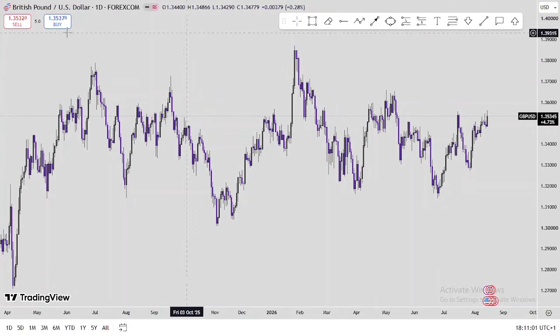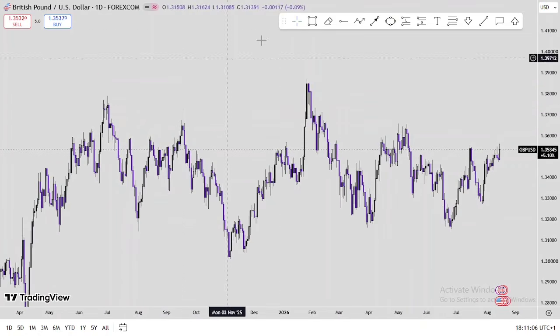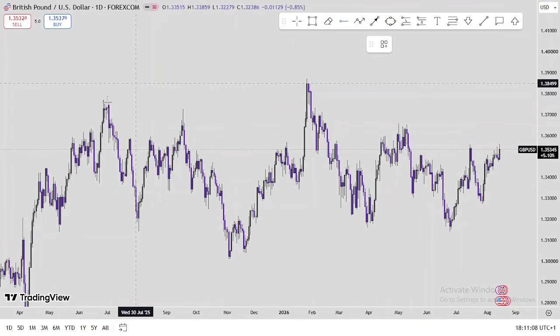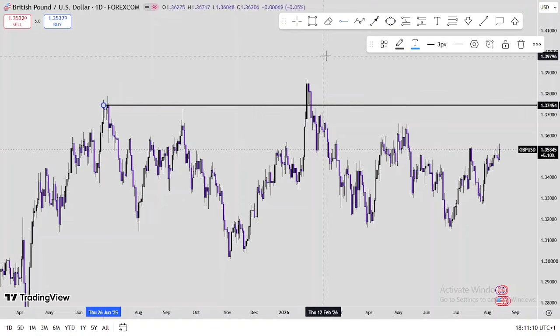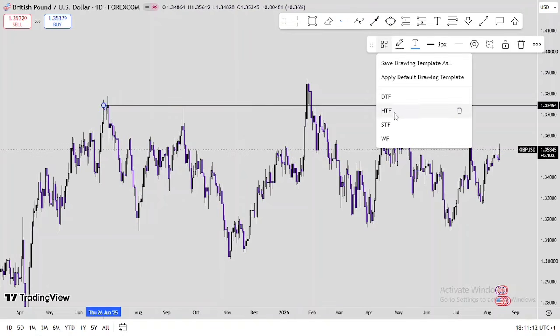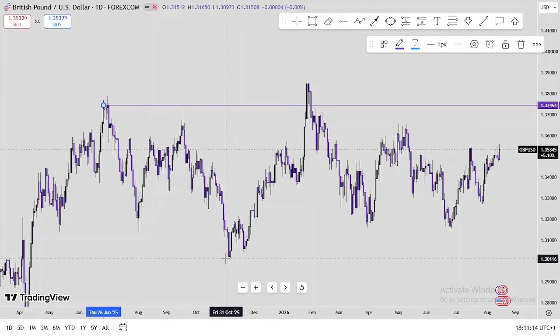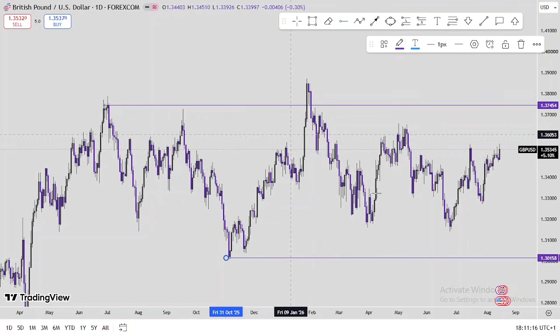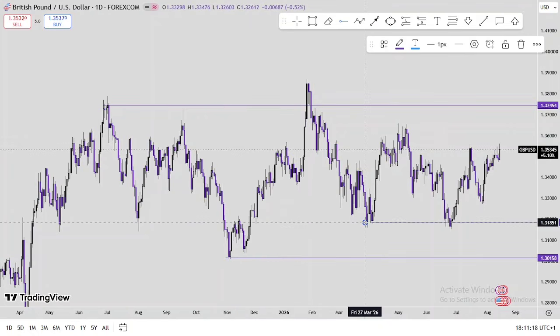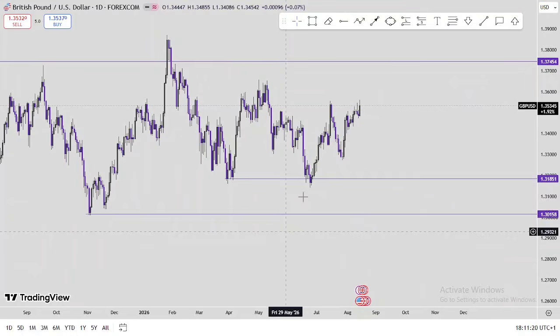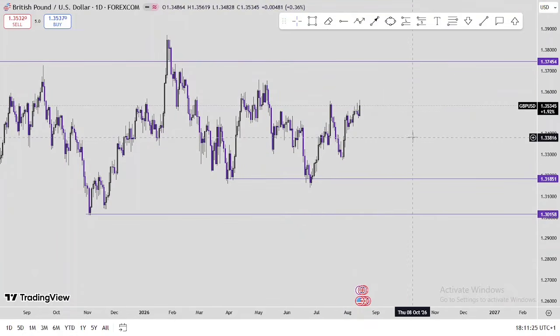We start on the pound US dollar on the daily. So we do this, mark out the major daily highs here, and then the major lows of the daily too, and this internal low created here.